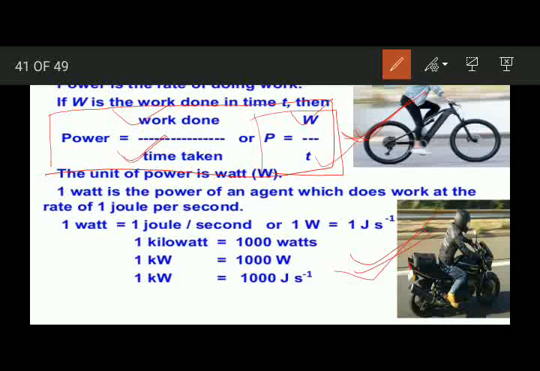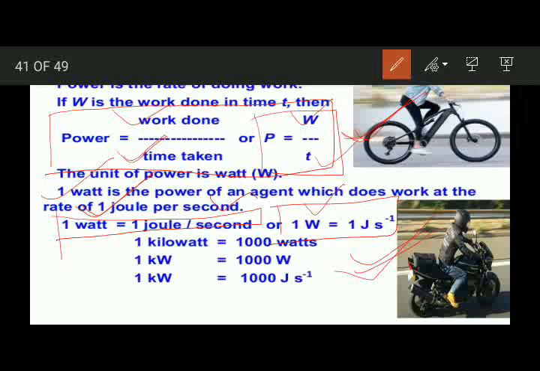It means when any appliance is consuming 1 joule of energy or is doing 1 joule of work in 1 second, we say that the power of the appliance or the person is 1 watt. That is, 1 W, we denote watt by W, equals 1 joule per second.